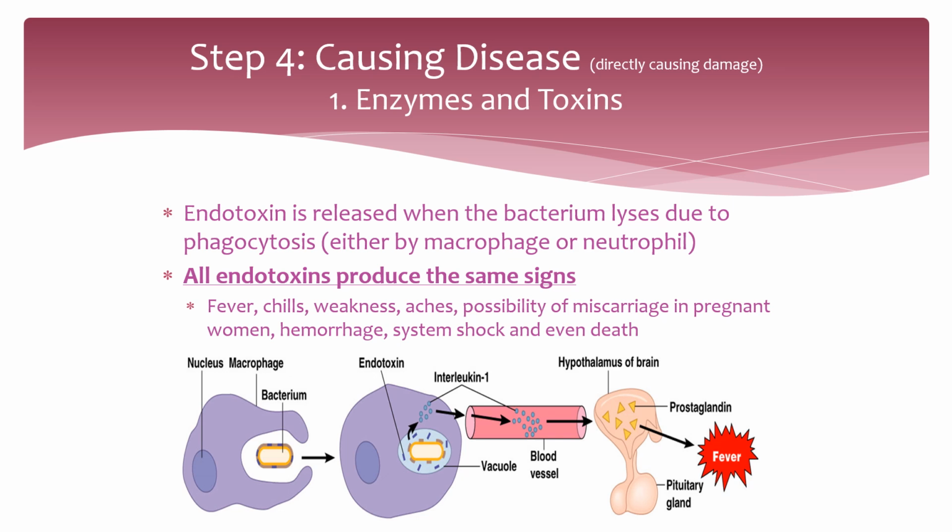So endotoxins are going to have a very select amount of symptoms, which is fever, chills, weakness, aches. If you have pregnant individuals, potentially a miscarriage or hemorrhage, system shock, and if these endotoxins build up enough in this individual's system, it can definitely even cause death.